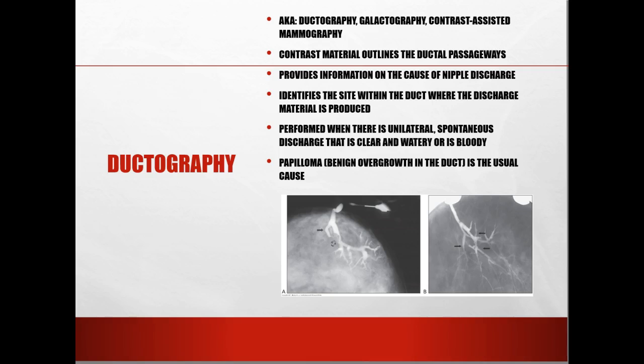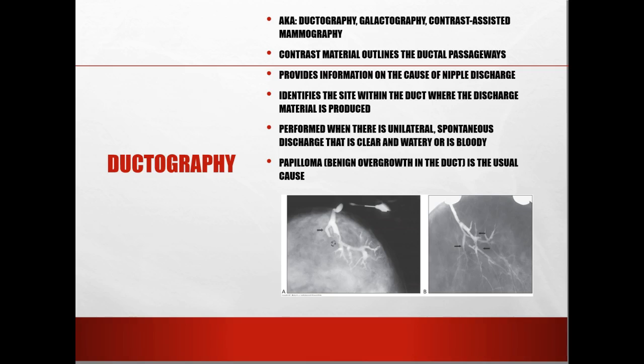So usually you have to have that patient discharge some tissue, or the radiologist will, to see what duct the discharge is coming from. Put that very small cannula in, and then go ahead and inject a small amount of contrast, and then do the mammogram. And you can't see it here, but you'll be able to see it better in your book.